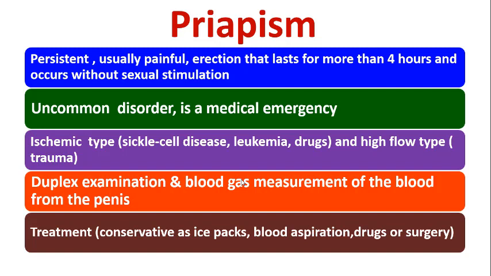Treatment usually starts with conservative treatments such as ice packs, blood aspiration, or drugs, especially alpha agonists. Conservative treatment is used in early cases. However, if the patient comes to you after many hours, you have to refer for surgery. Surgery may include a shunt operation.